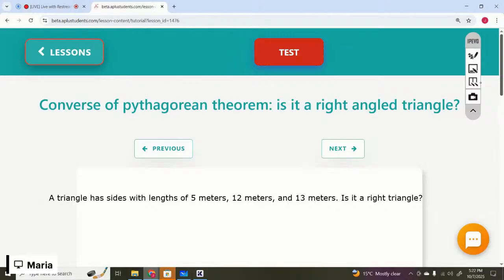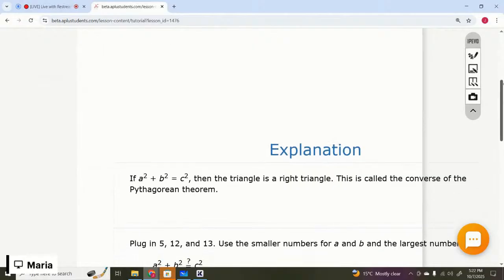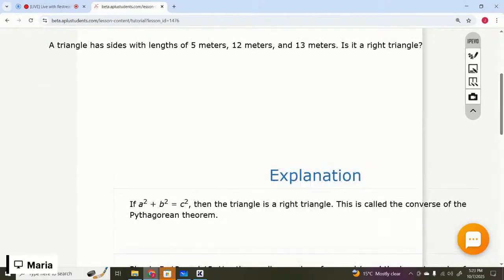A triangle has sides with lengths of 5 meters, 12 meters, and 13 meters. Is it a right triangle? So if a square plus b square equals c square, then the triangle is a right triangle.